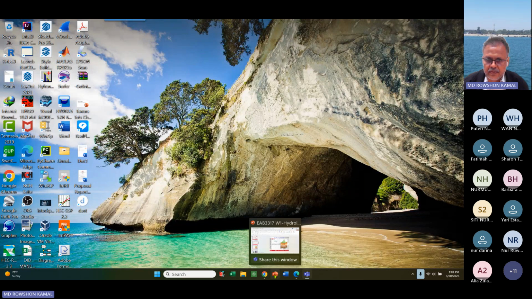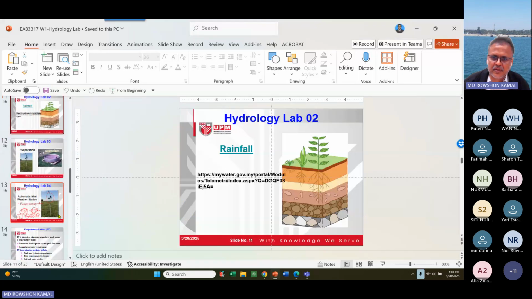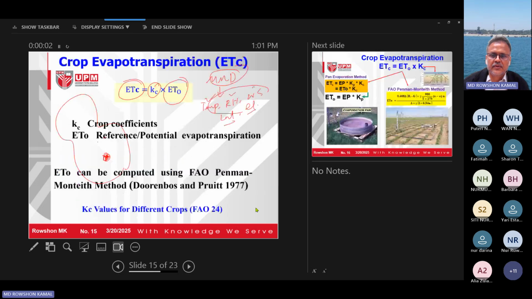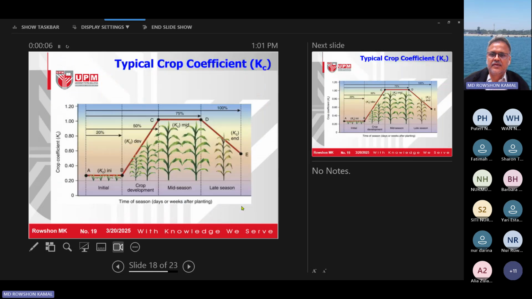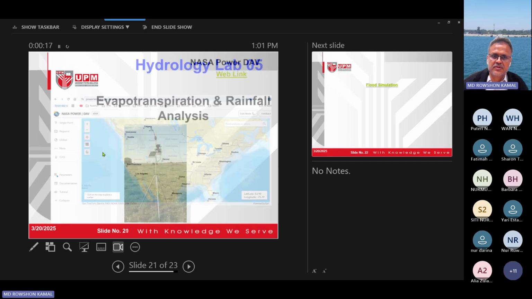I have almost finished. I think I have one more slide left. Once we get this data from the website, we will do the analysis of evapotranspiration and rainfall. For this analysis, we have to use this formula.